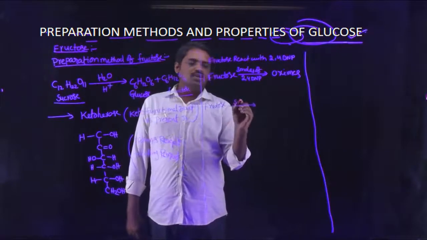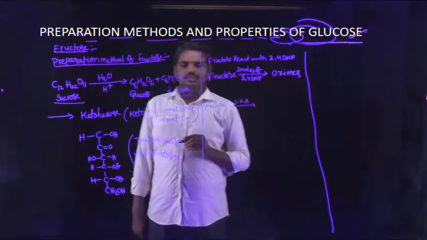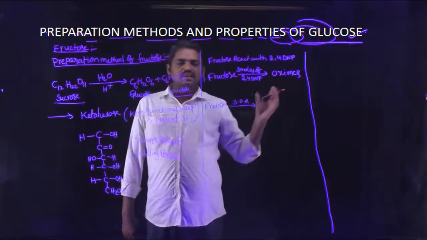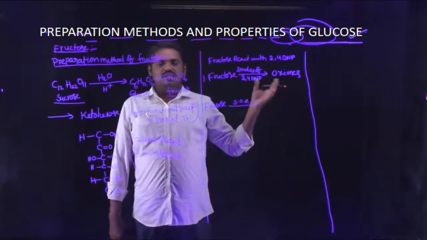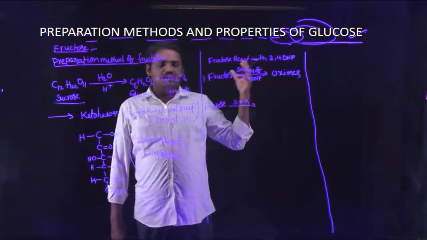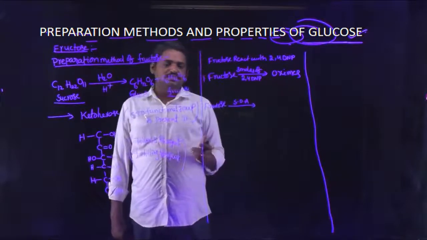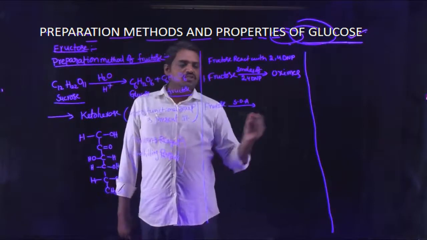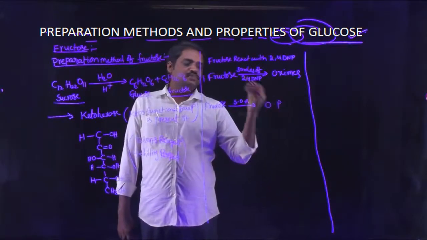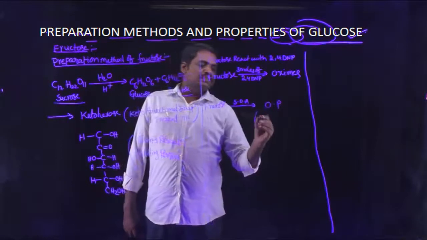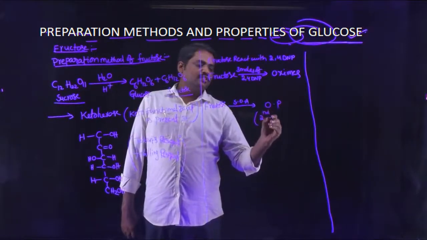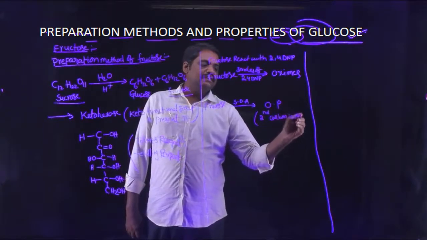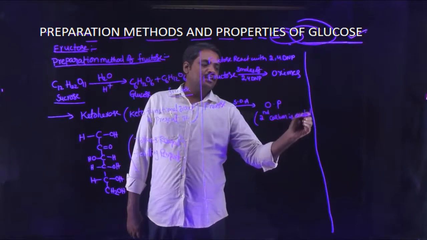Next, fructose reacts with strong oxidizing agents. It is easily oxidized to different carboxylic acid molecules or different types of oxidized products. The second carbon is oxidized.